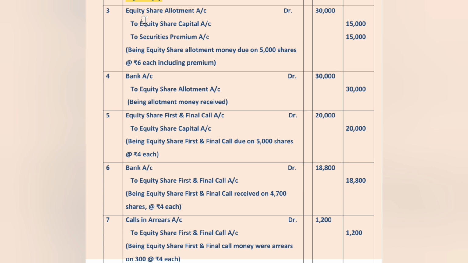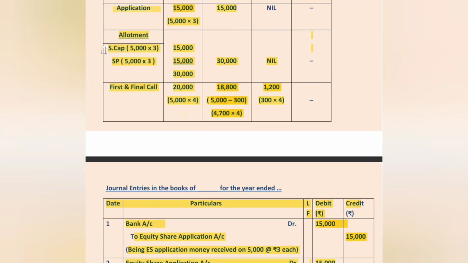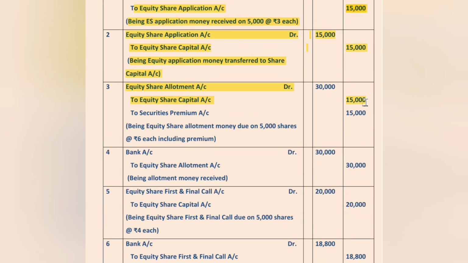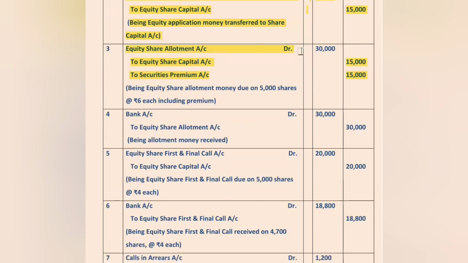we should show the entry separately, right? Because there we have to add the premium entry. See here, equity share allotment account debit to equity share capital account, right? How much amount do we have to write here? Equity share capital account amount is 15,000, to securities premium account, again 15,000.